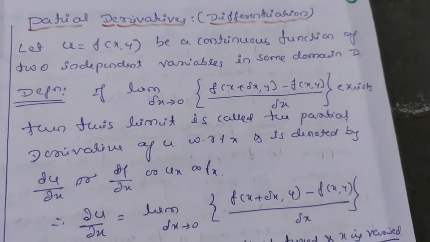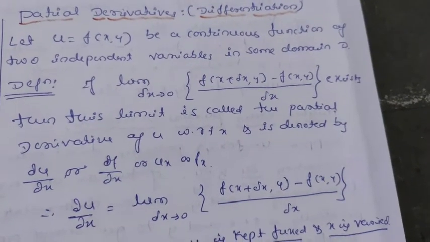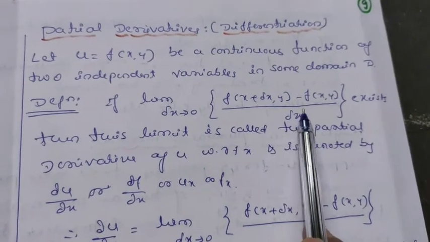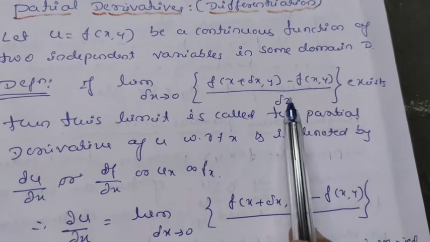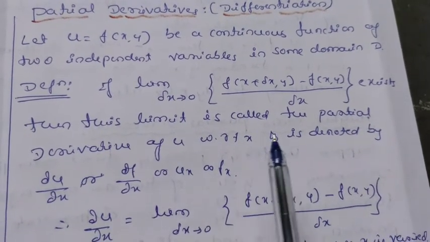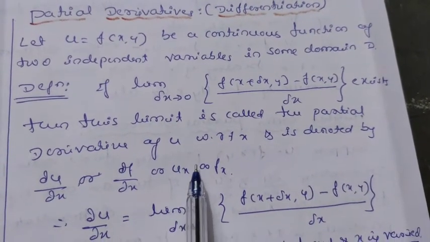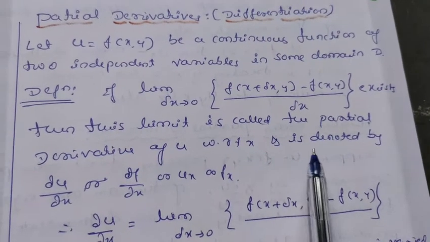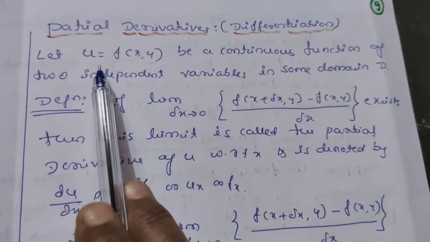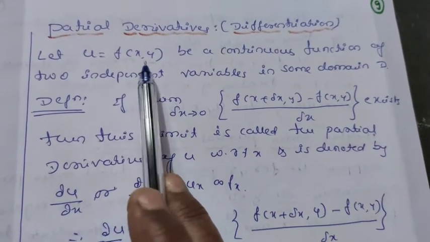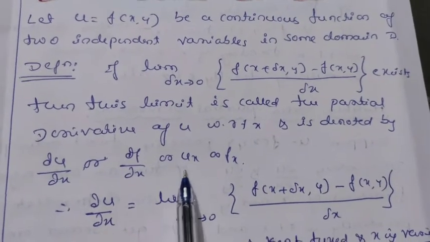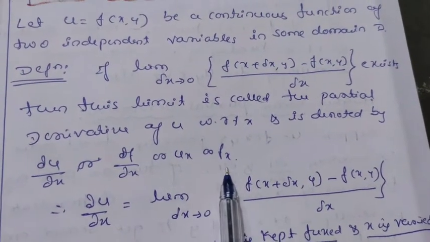Then if we define a limit as delta x tends to 0, f of x plus delta x comma y minus f of x, y divided by delta x, if it exists, then this limit is called the partial derivative of u with respect to x and is denoted by ∂u/∂x, or since u equals f of x, y, it is also denoted by ∂f/∂x or u_x or f_x.